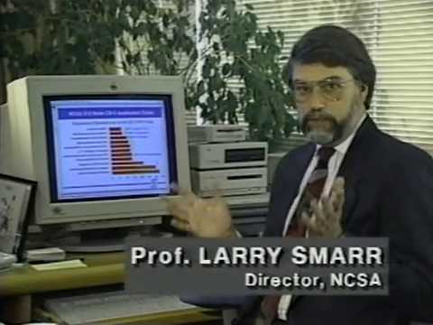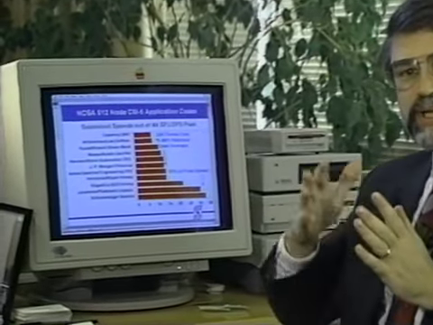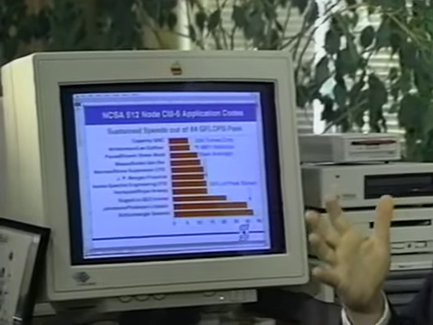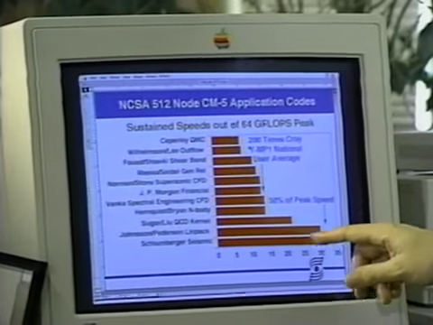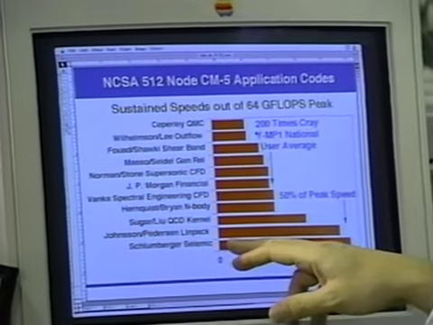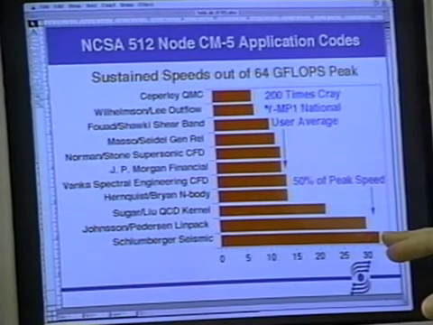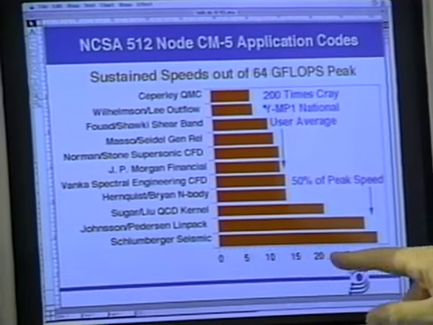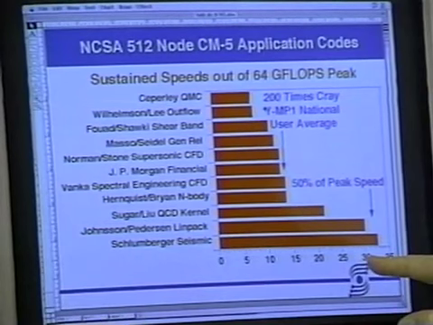One of the things I've been most pleasantly surprised about with our CM5 is to see how quickly lots of different kinds of applications were able to take advantage of the speed on this machine. This is an updated version of my slide in which each bar graph is a different application code, and this is the speed in gigaflops of that full code on our machine.